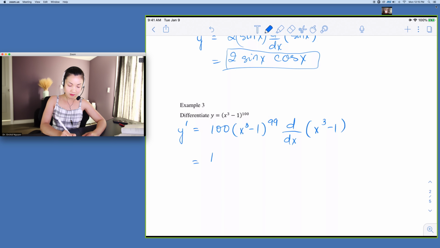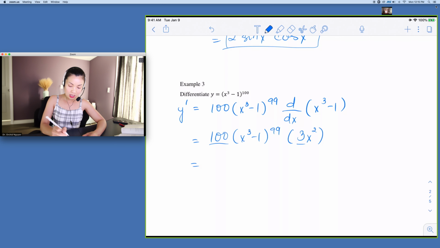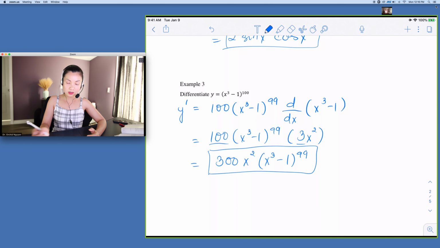So what I have is 100 (x cubed minus 1) to the 99, and then 3x squared. Okay. The only thing I can simplify is that constant right there. So we have 300 x squared times (x cubed minus 1) to the 99. So that's going to be your final answer.